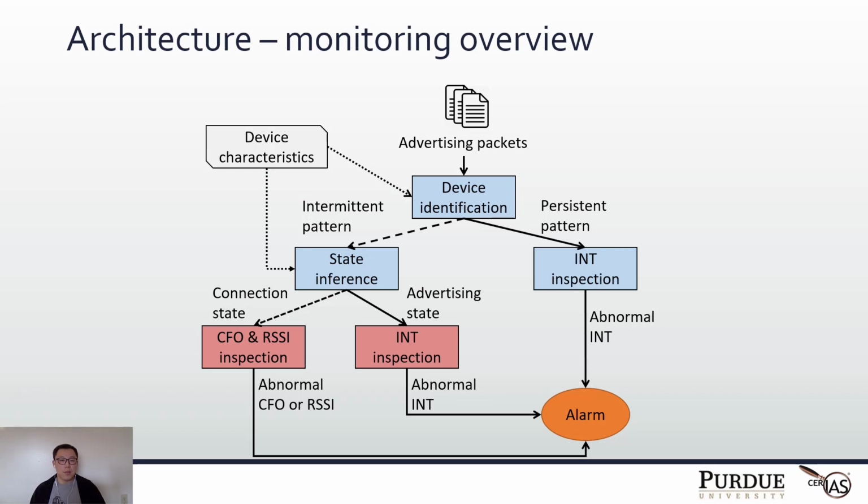When the device is in advertising state, the interval inspection is enough to detect the spoofing attack. If the device is in connection state, it inspects the physical features to detect the spoofing attack. I'll introduce the interval inspection and physical feature inspection one by one.